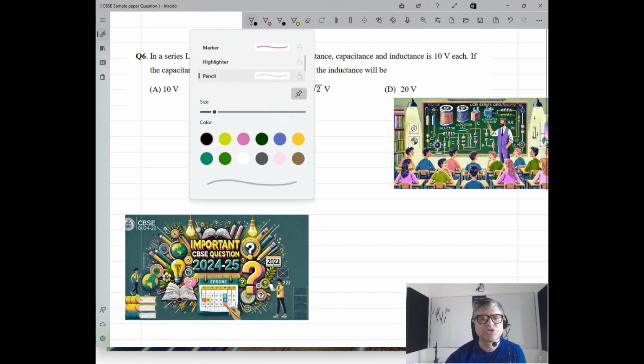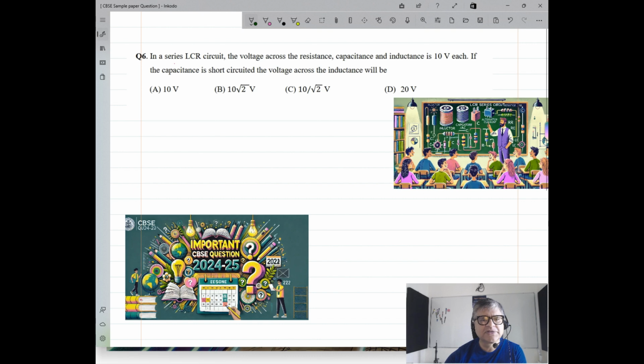Okay, so let me just draw the circuit first. I have this resistance, I have an inductor, and this is my capacitor, and this of course is an alternating current. This 10 volt is across each element. So VR is equal to 10, VL is equal to 10 and VC is equal to 10.